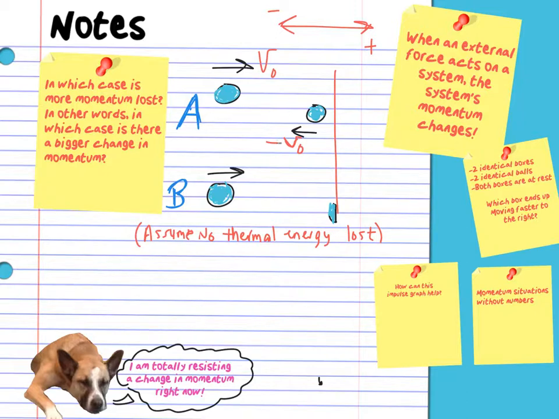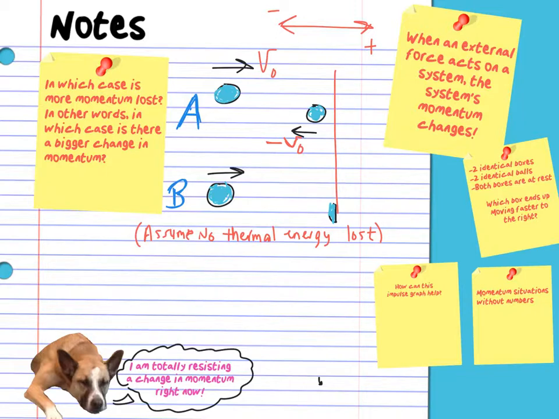So we're going to say that this is moving right after the collision. So right before the collision, it hit with a velocity v naught or v0 or v original, whatever you want to say, and then immediately left the wall at negative v naught.